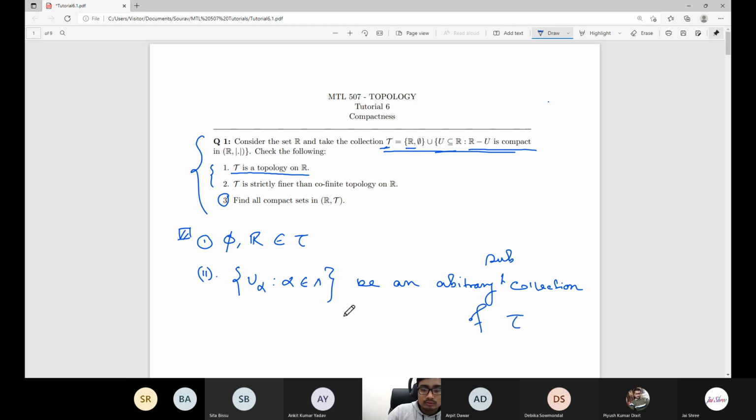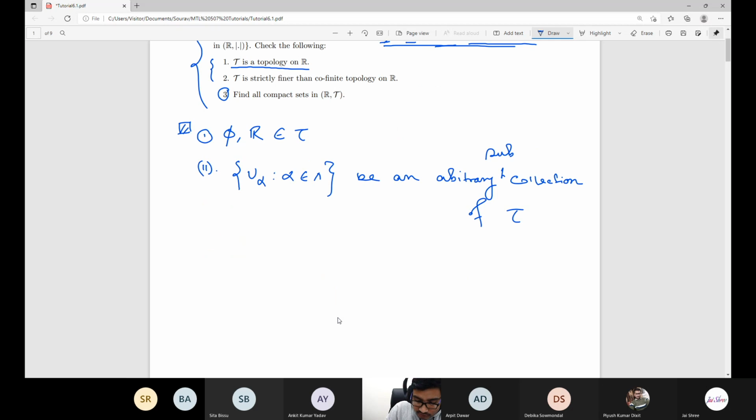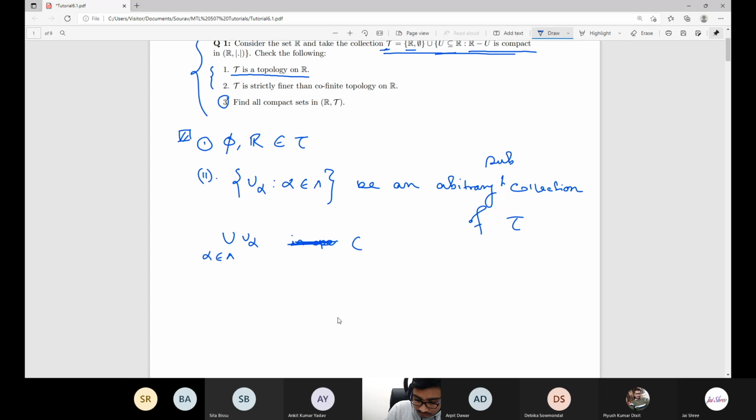You have to prove that the union of U alpha is open, which means you have to say it belongs to tau.